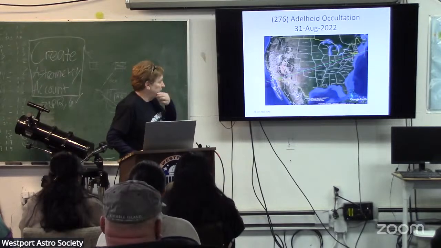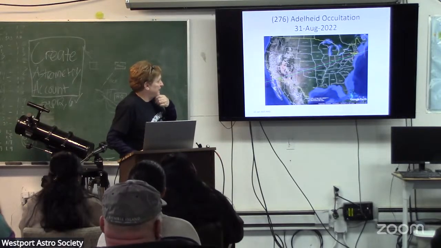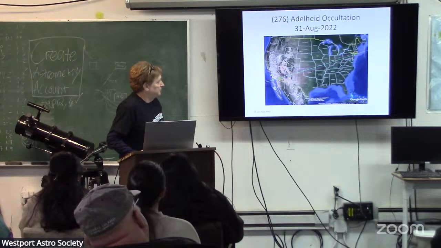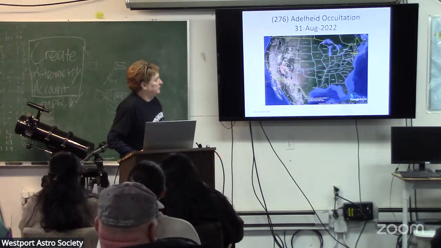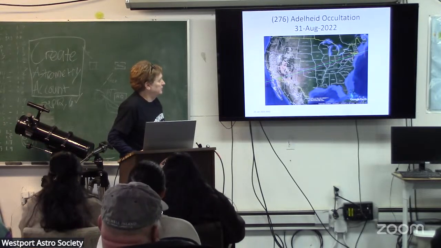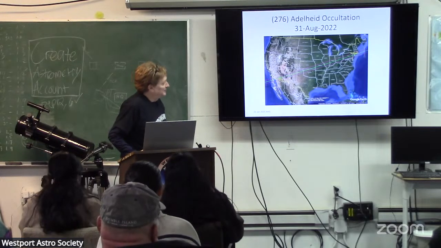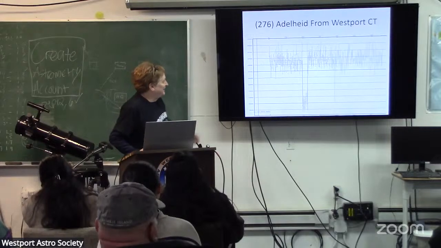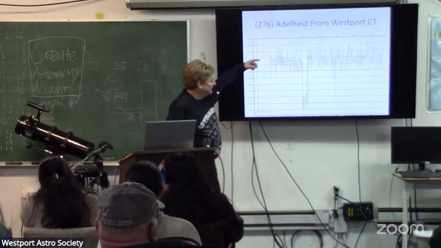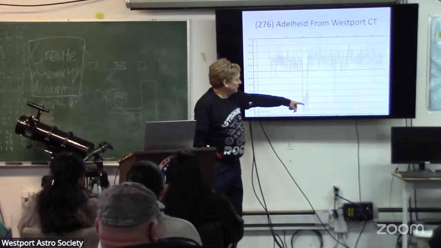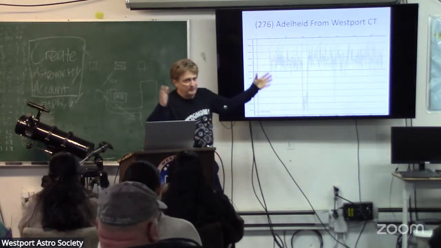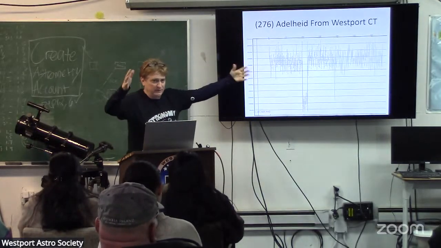In terms of a moon, this is one we have evidence for from an occultation back in August of 22. This is Adelheid. This is now my favorite asteroid. This is the main light curve for the main body. It's a big asteroid, about 120 kilometers in diameter.